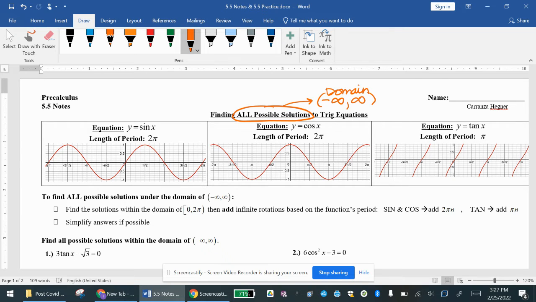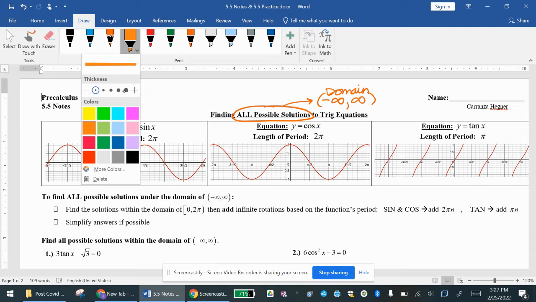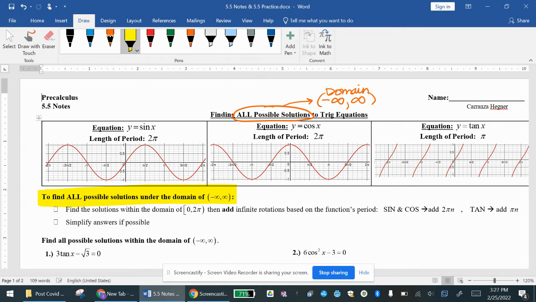So if you look down below over here, to find all possible solutions under the domain of negative infinity to infinity, we're going to be adding infinitely many rotations to a function's period. And sine and cosine have different periods and different requirements than does tangent. And that's based on their graphs.